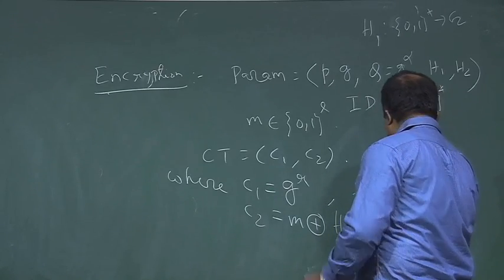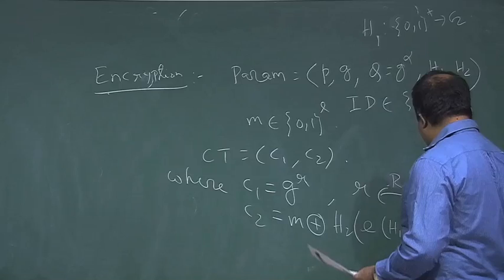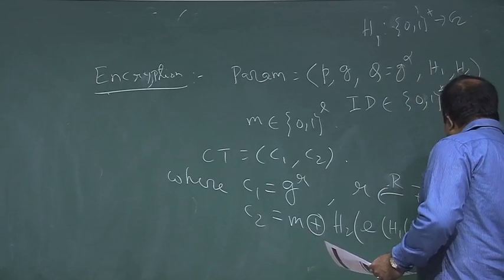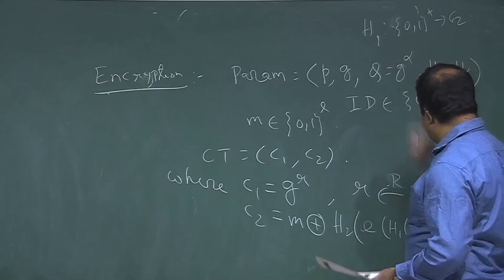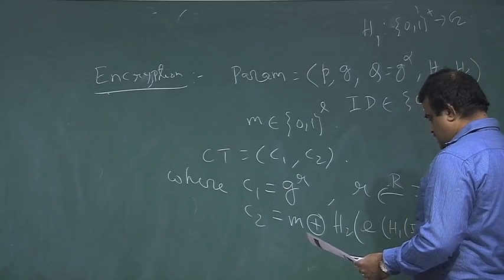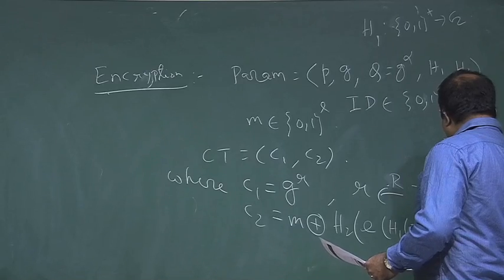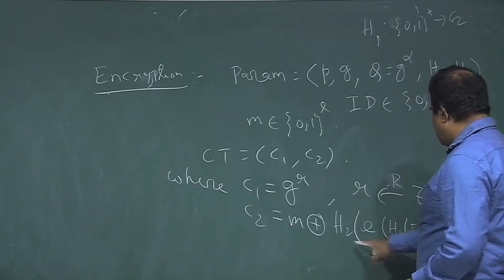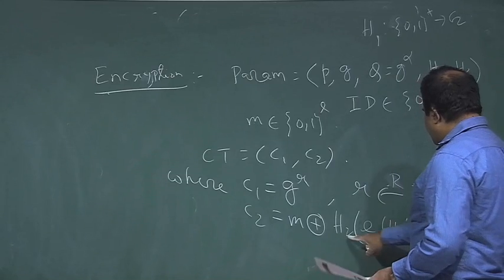If we take H1 of ID, it will be an element in G, and then we have Q. Q is basically G to the power R. So, this to the power R, and after this we take H2 on this.